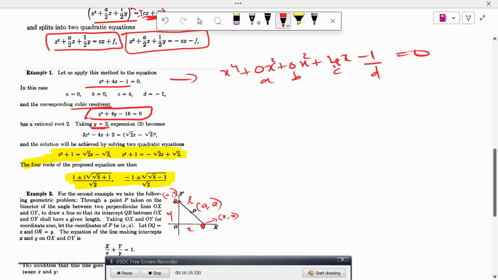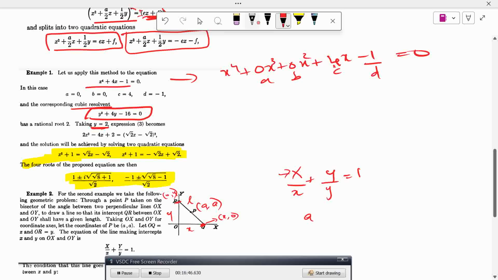So we have already learned what the intercept form is in lower classes, right? So this is the equation for intercept form. This is the equation of this line, and this point P is on the line, so it satisfies this equation.